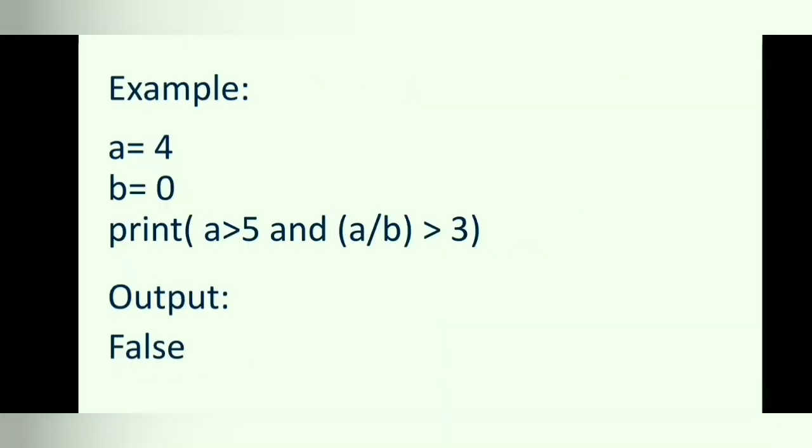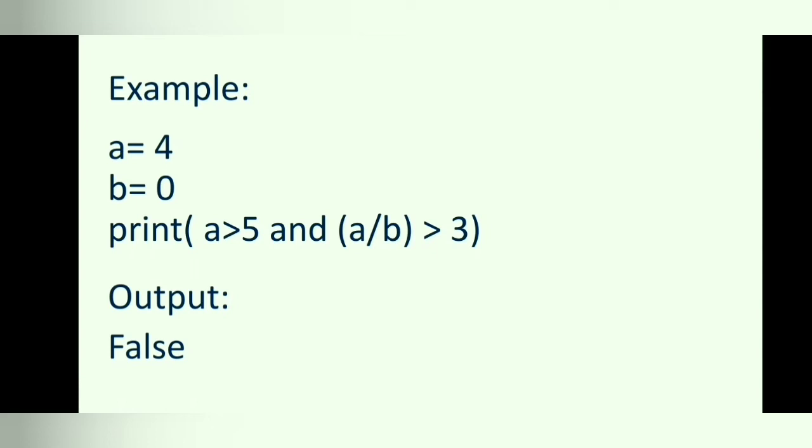Example: open the Python IDE or any text editor, type this Python code and run it. In this Python code, 4 is assigned to A, 0 is assigned to B. Print A is greater than 5 and A divided by B is greater than 3. The output will be false. In this example, the first part of the AND expression, A is greater than 5, is evaluated as false.